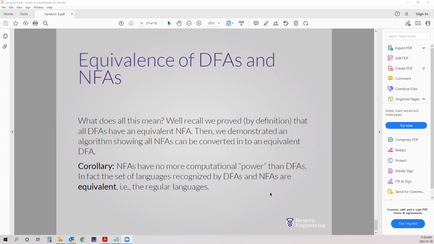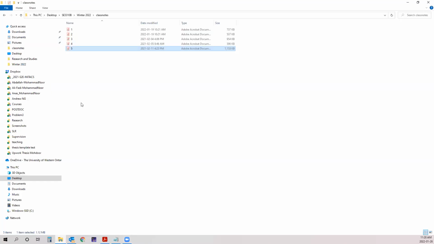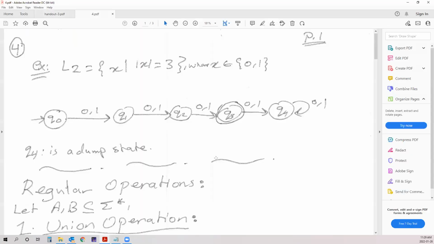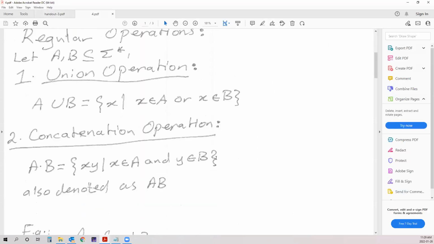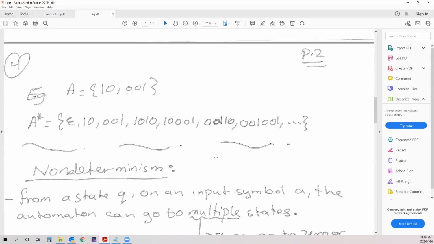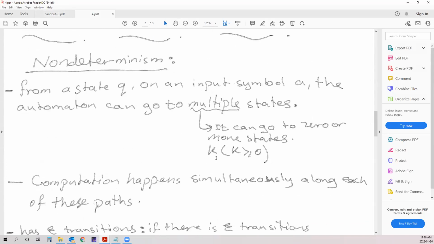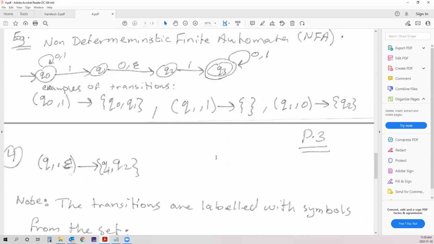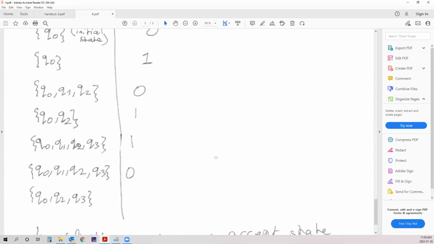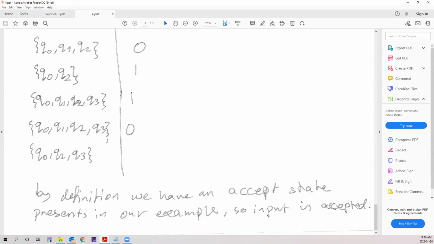Tomorrow, we will not have a handout. We will go with class note 4, with the regular operations, and what we mean by non-determinism. We will revise this and how we do these things by definition.